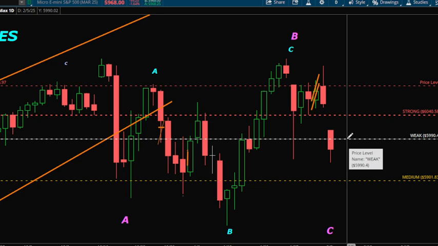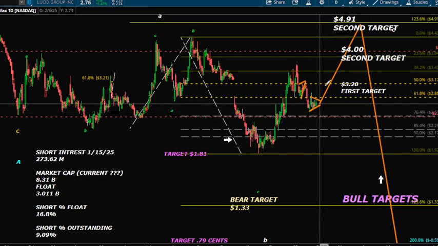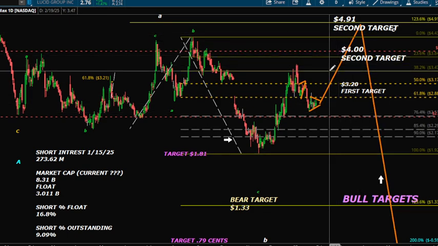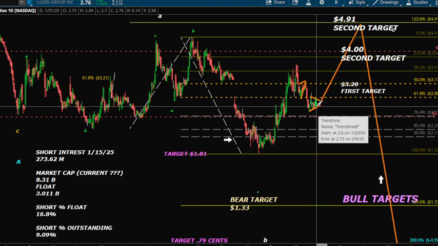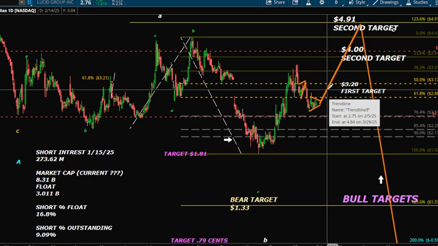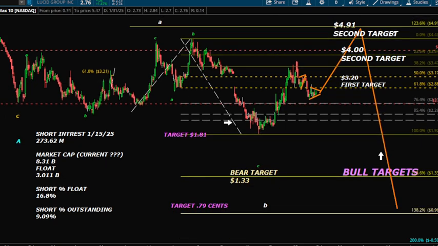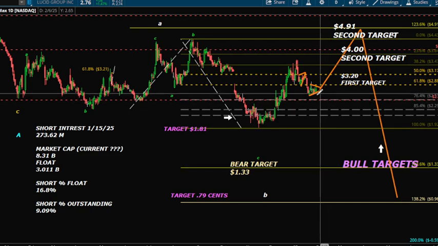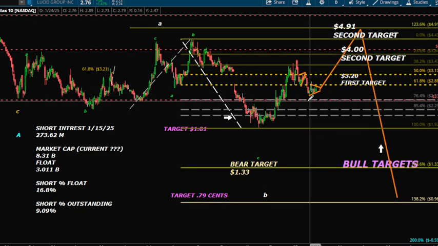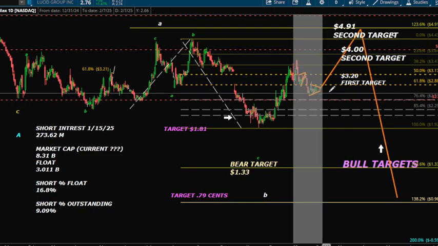So, with all that going on, it's hard to even justify a bull case on these penny stocks right now. So with that said, let's get some bear. Well, I already put the bear target up there. Yeah. So next week, that triangle is what we watch for.